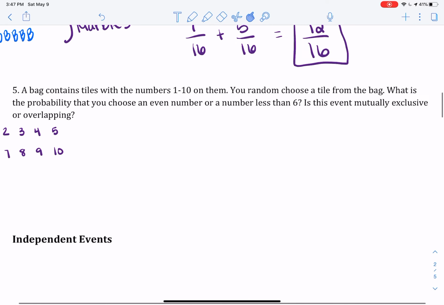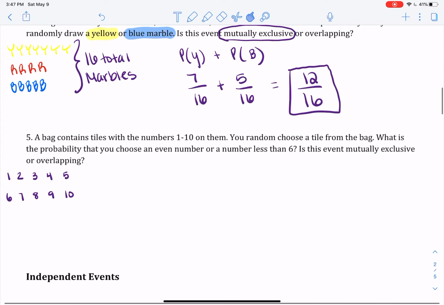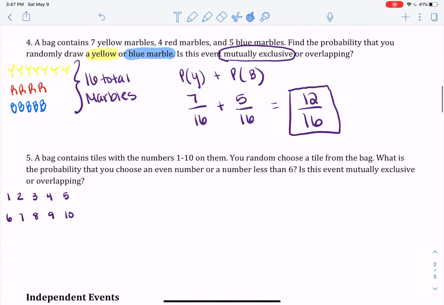And our last problem. So a bag contains tiles with the numbers 1 through 10 on them. You randomly choose a tile from the bag. What is the probability that you choose an even number or a number less than 6? Is this event mutually exclusive or overlapping? All right, well, let's find out. So choose an even number. So let's highlight the evens.